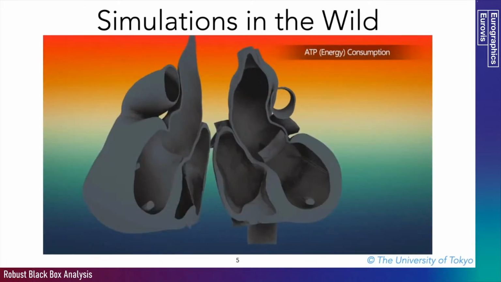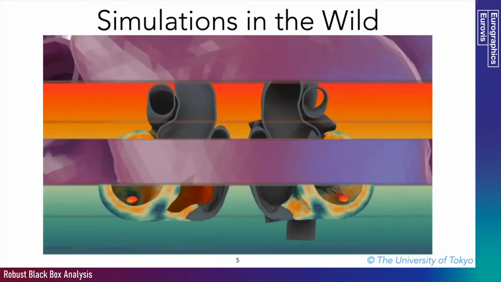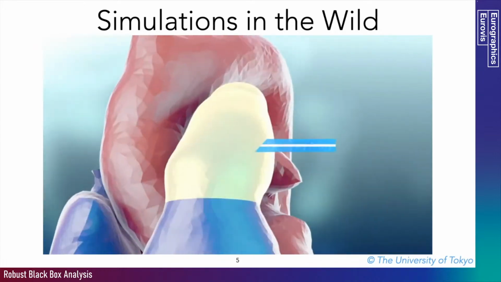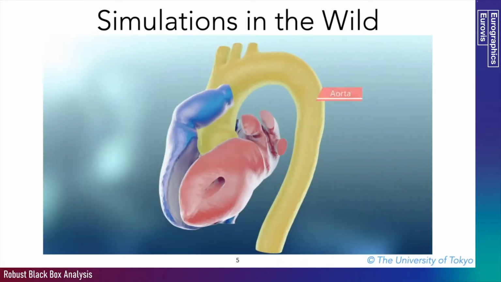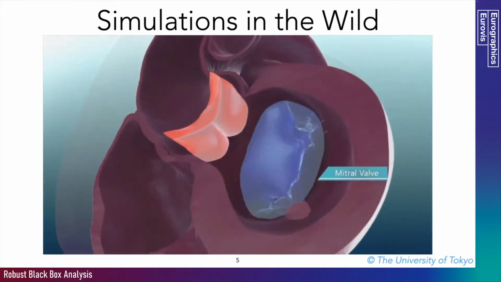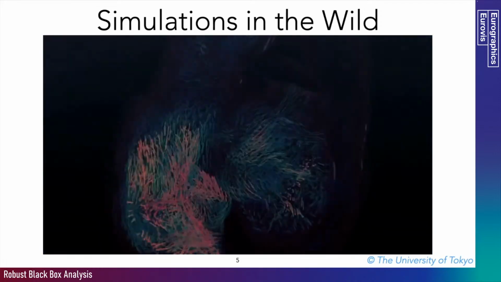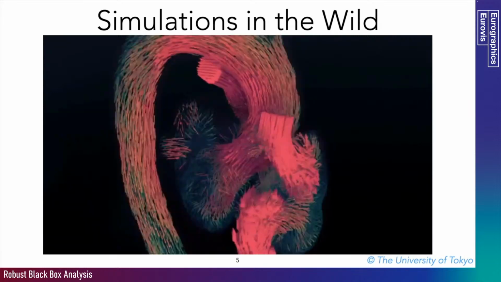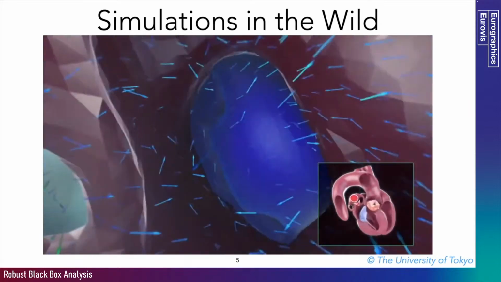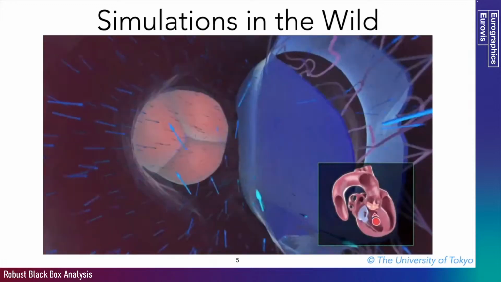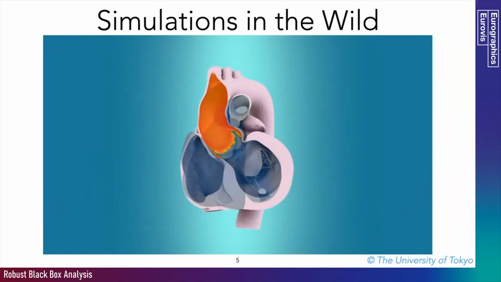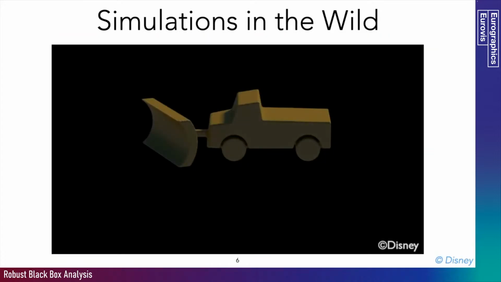A more complex scenario: this is a simulation of a heart that includes simulating the organ and how the fluids move. This is a very complex simulation that is placing together deformable objects with fluids, and this kind of approach is starting to be used in the medical field, again, for predictive purposes.